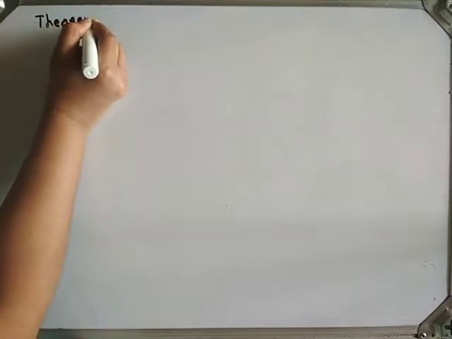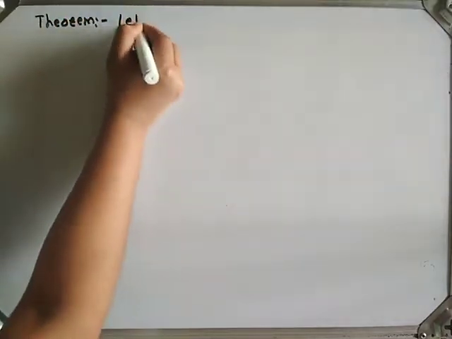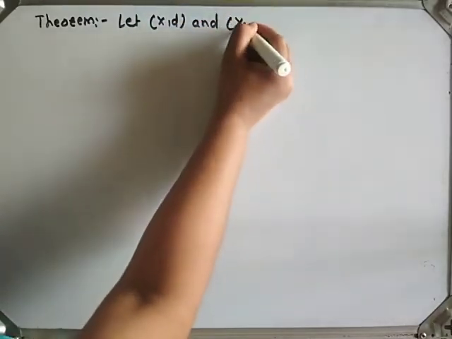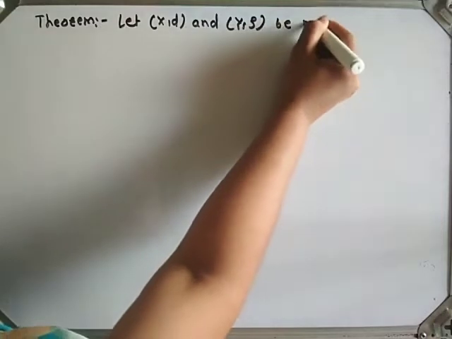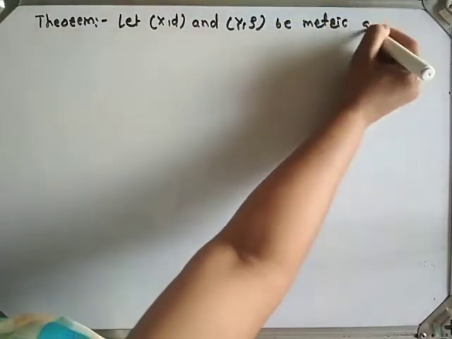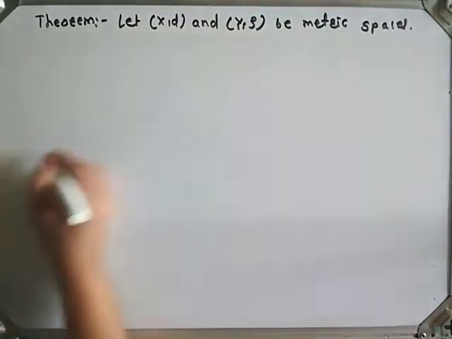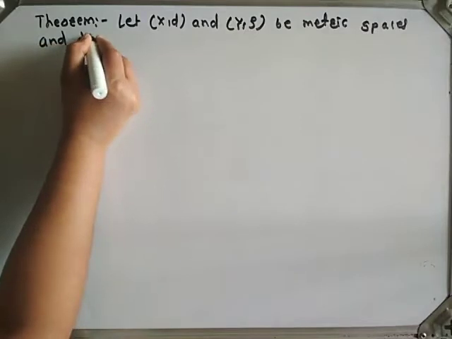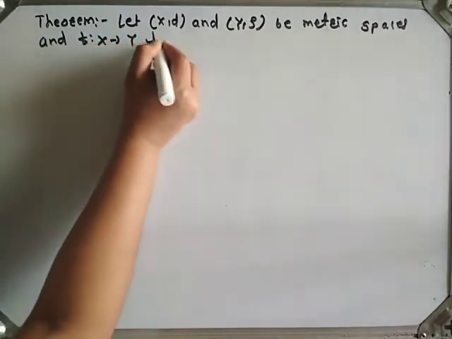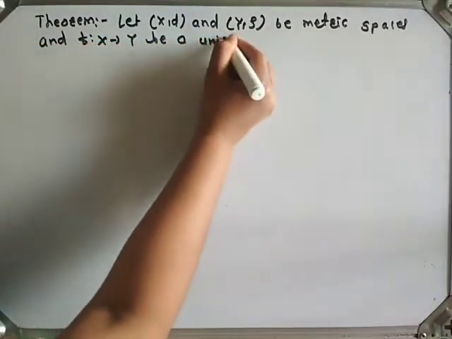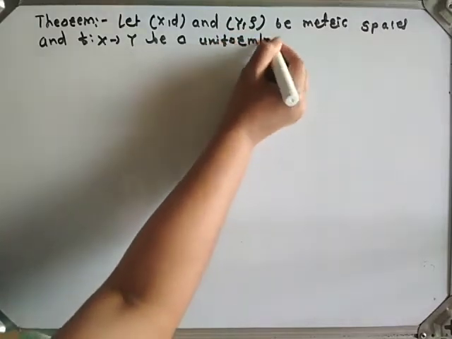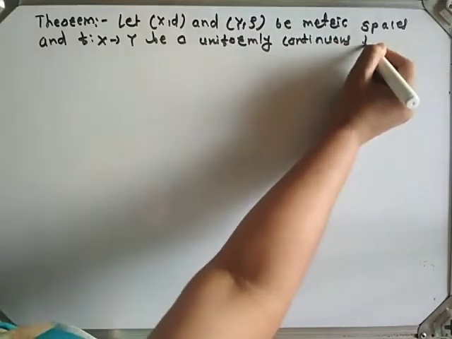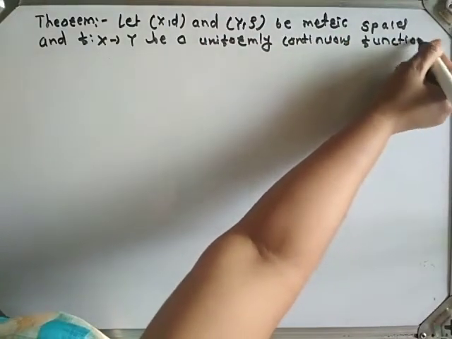Let (X, d) and (Y, rho) be metric spaces and f from X to Y be a uniformly continuous function.